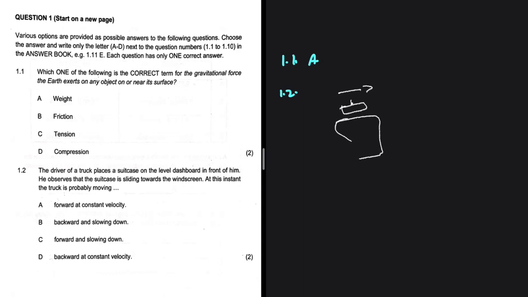That is why the suitcase is moving forward. If the suitcase was moving backwards, then the car would be starting to speed up. So the answer to 1.2, we have forward and slowing down. The car is moving forward, but it is slowing down. Our suitcase is experiencing inertia. So the answer to 1.2 is C.